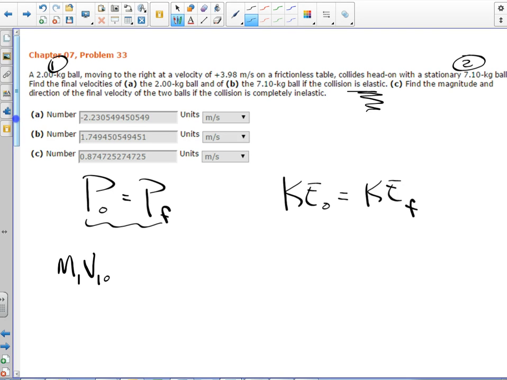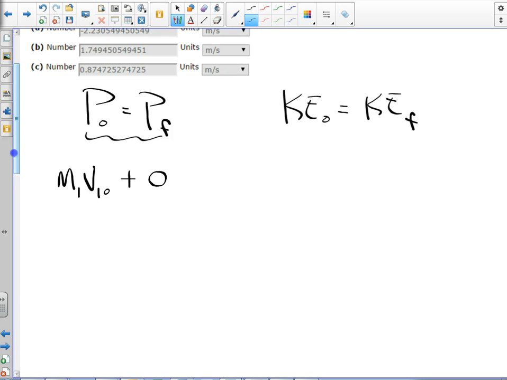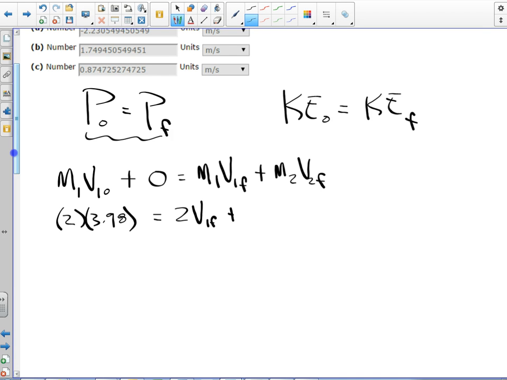So in this case, m2 v2 initial is going to be 0 because it's stationary, equals the mass of ball 1 times ball 1's final velocity plus the mass of ball 2 times ball 2's final velocity. Fill in some numbers. So I'm going to have 2 kilograms times 3.98 meters per second is equal to 2 times v1 final plus 7.1 kilograms times v2 final.